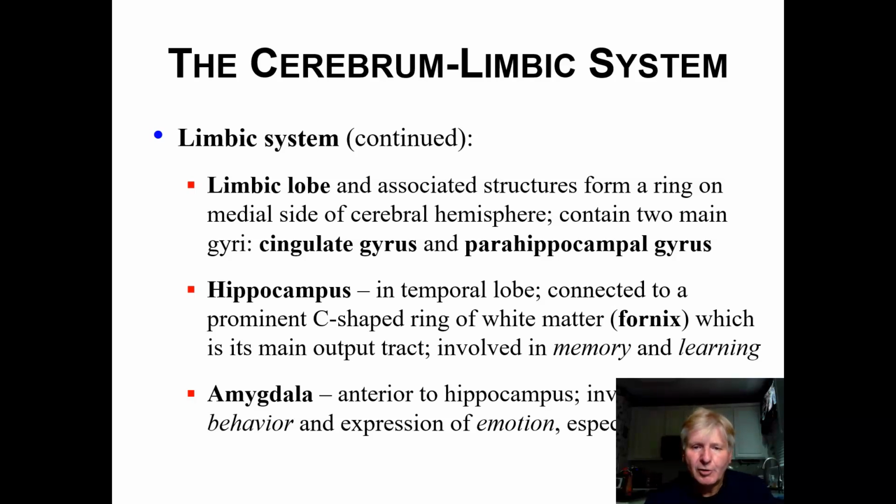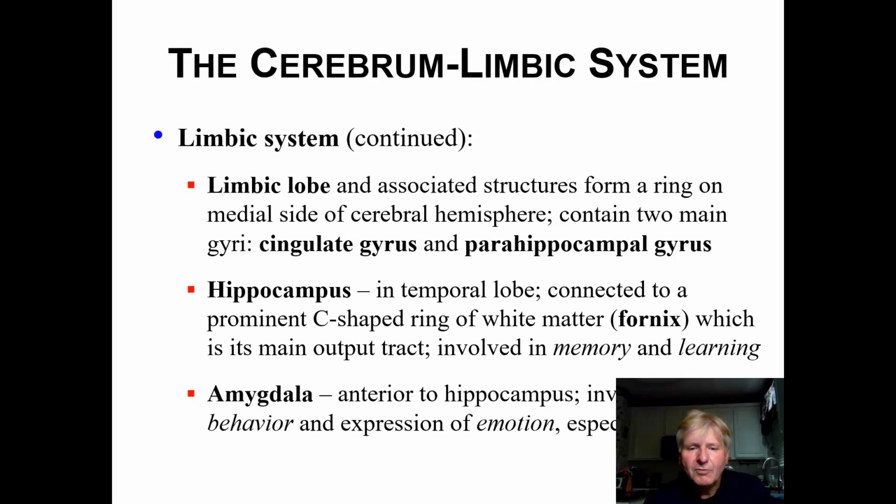The limbic lobe and their associated structures form a ring on the medial side of each hemisphere, and they contain two main gyri, the cingulate gyrus and the parahippocampal gyrus. The cingulate gyrus is located just above the corpus callosum.